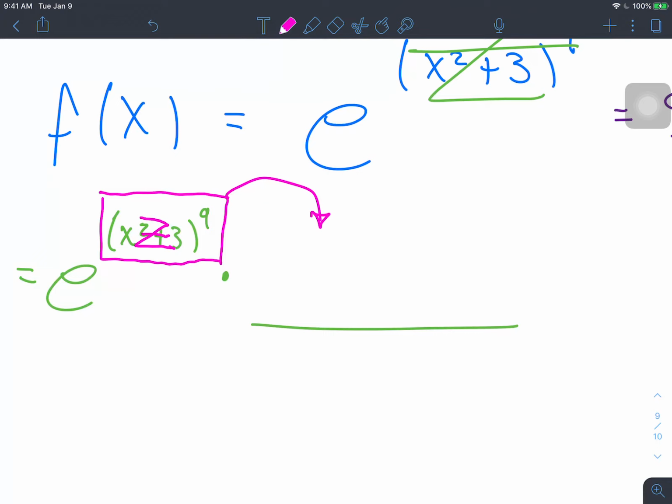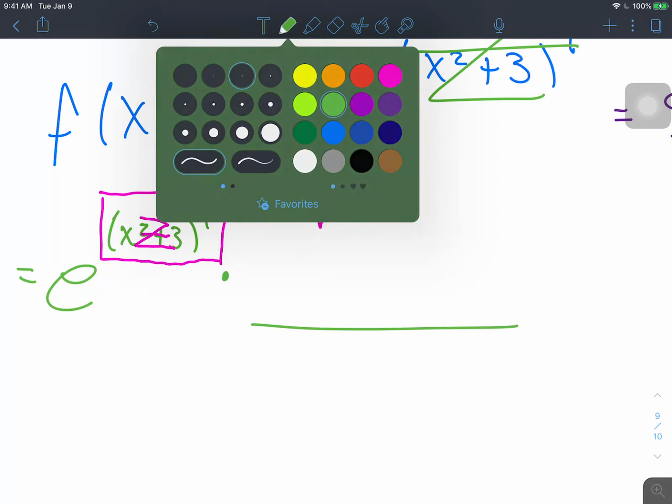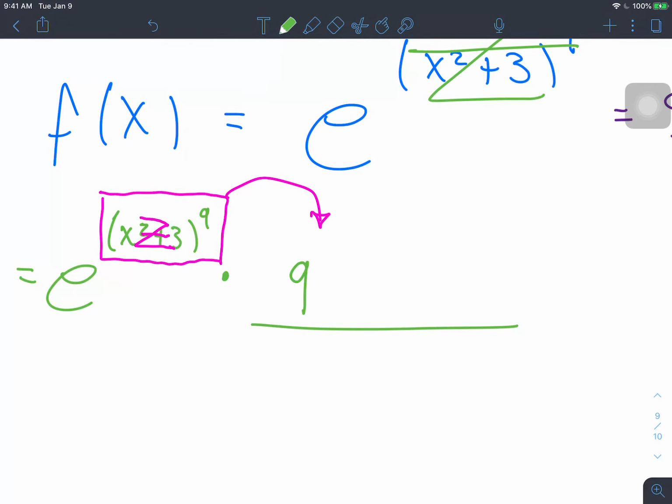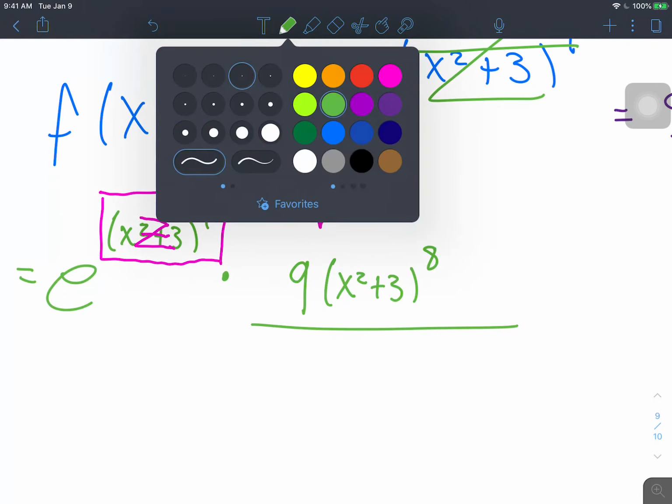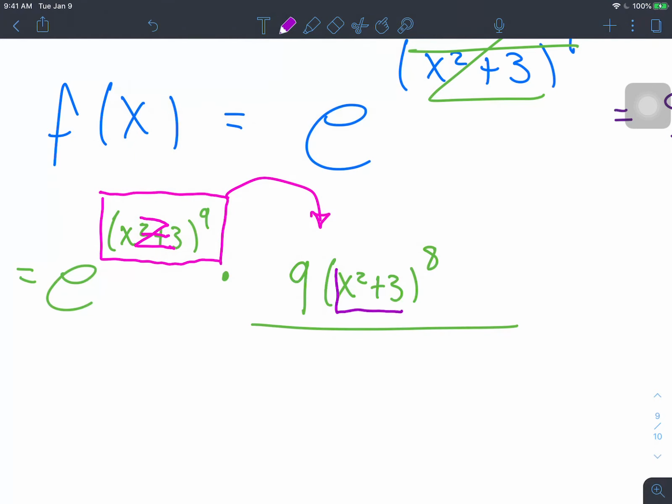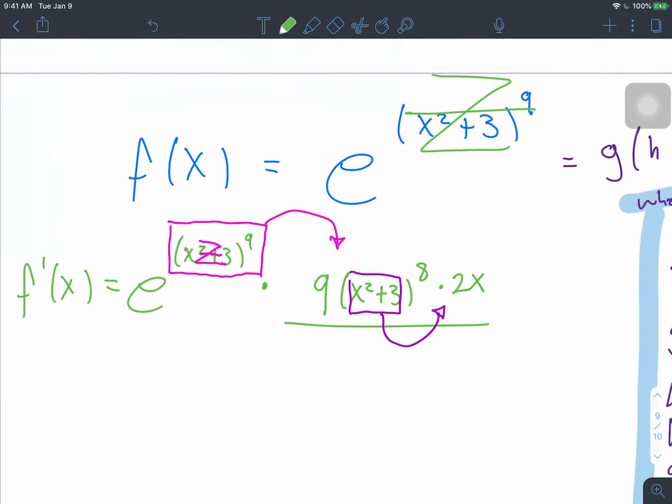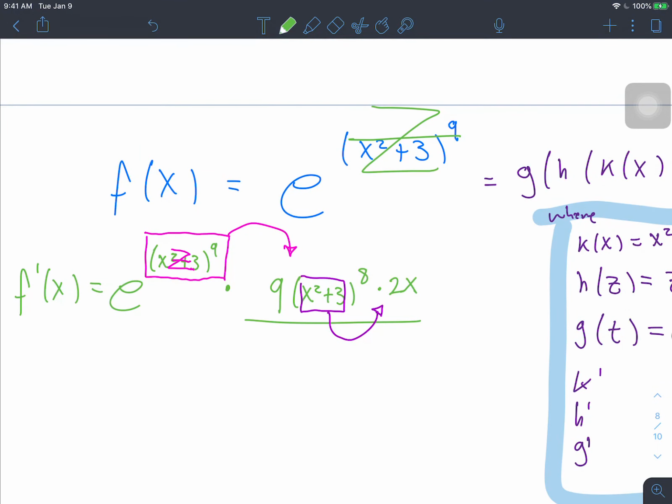So now what should go here should be 9 times, leave the inside alone, to the power 8, and now I should take the derivative of this thing and multiply it out here. So then it should be times 2x. Okay, that's how this happened.